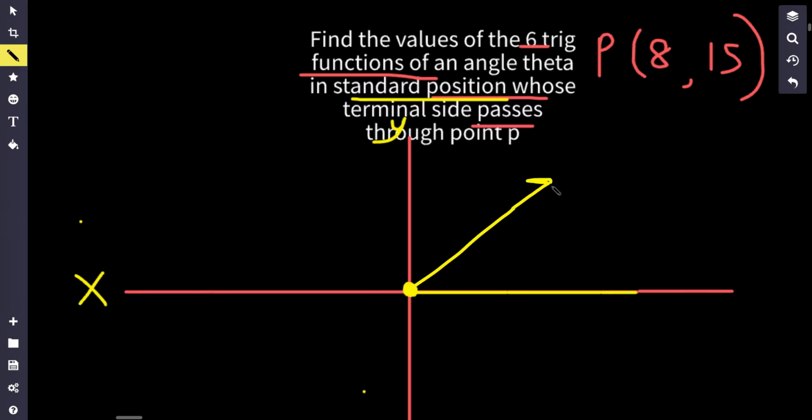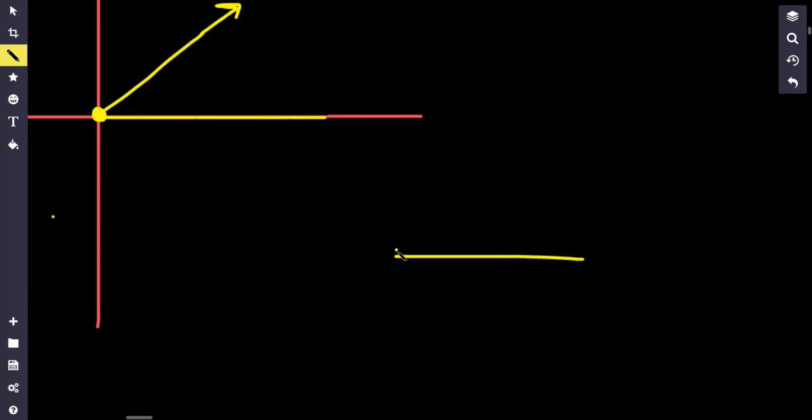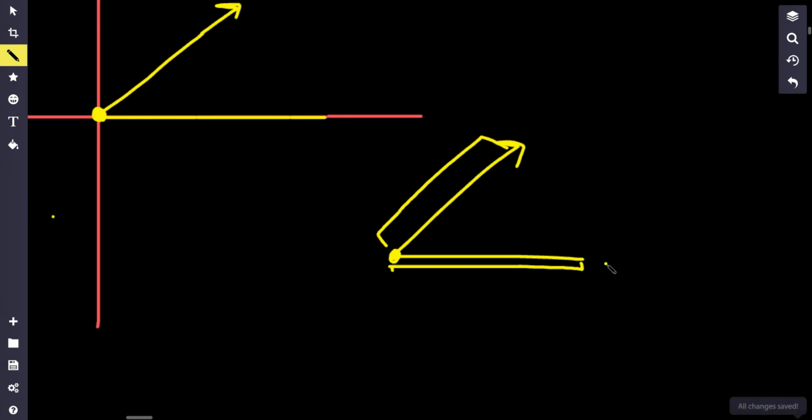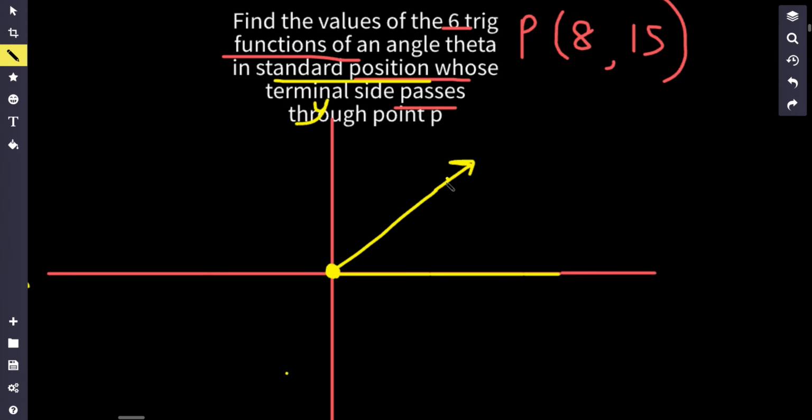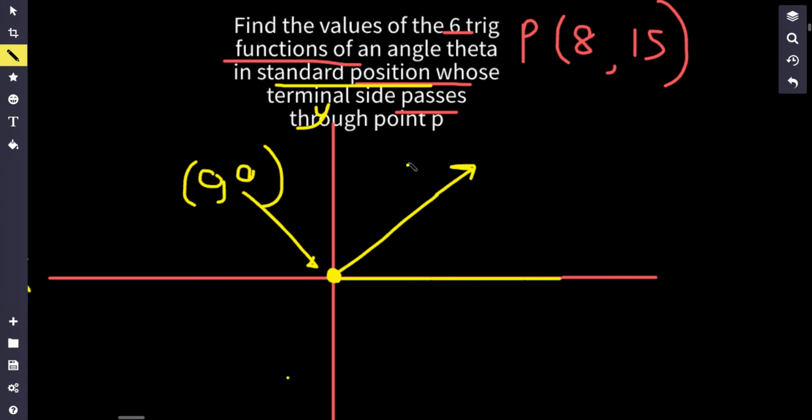So when you create an angle, this line right over here and this other line over here are going to meet at the same point. When it's talking about standard position, it just means that these two lines for the angle are going to meet at the origin, which is 0, 0. Both of these sides are going to meet at the origin.